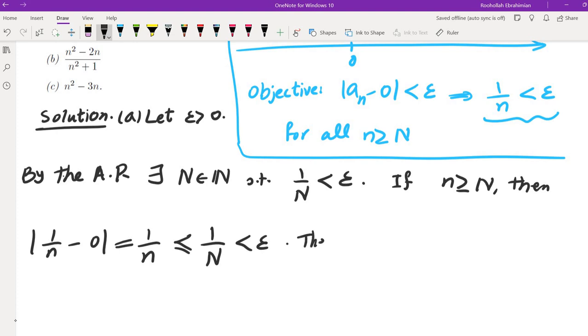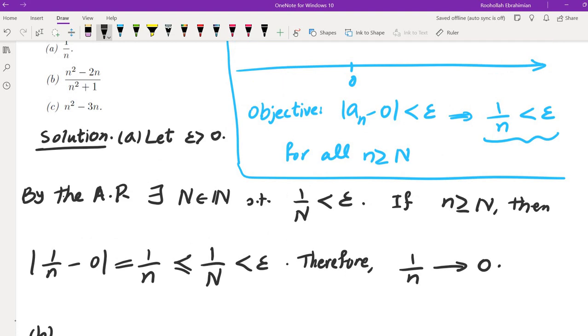Therefore, by definition, 1 over n converges to 0. Definition tells you the sequence minus A in absolute value is less than epsilon after some point.